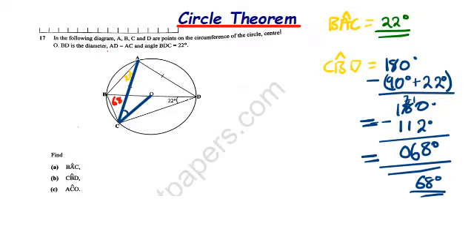As you can see here, BD is our diameter. There we are making an angle that is touching the circumference, which simply means that this angle which is opposite to the diameter is making 90 degrees.